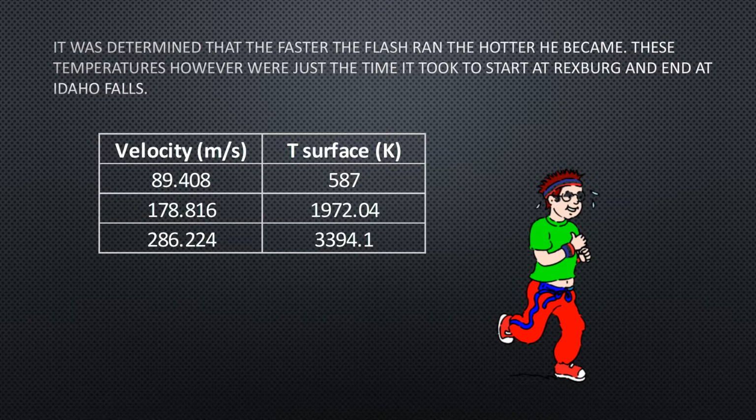So at 89 meters per second, it would take him about 8 minutes to get to Idaho Falls. So this is the temperature after 8 minutes. For 178 meters per second, this is about a 4-minute run for the Flash, so that is what his surface temperature would be after 4 minutes.